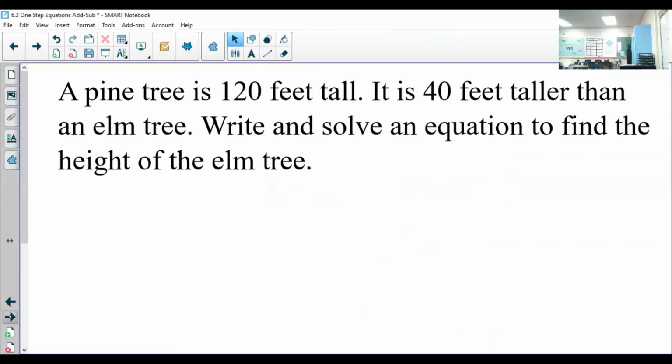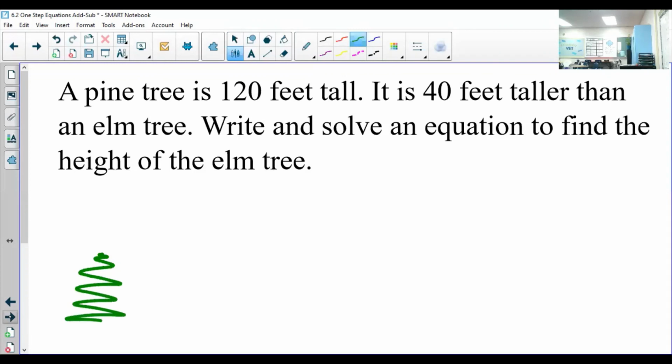Let's try another one. A pine tree is 120 feet tall. It is 40 feet taller than an elm tree. Write and solve an equation to find the height of the elm tree. Okay, so our pine tree, let's think. Pine trees look like this, right? Like a Christmas tree. Okay, my pine tree is 120 feet tall. And it is 40 feet taller than an elm tree.